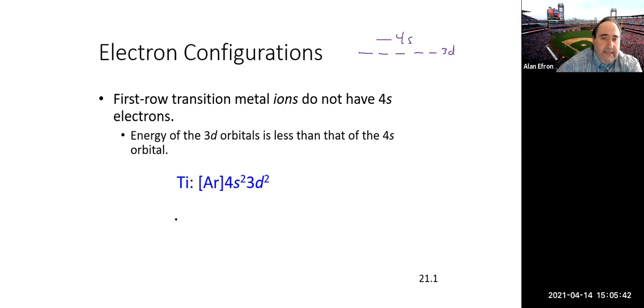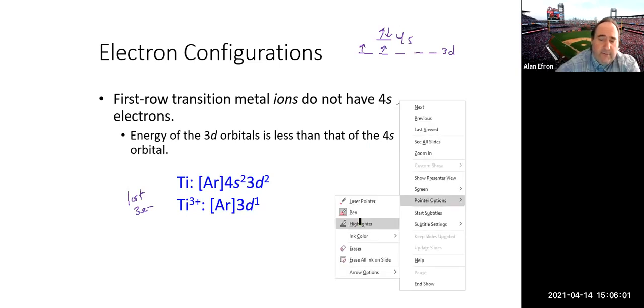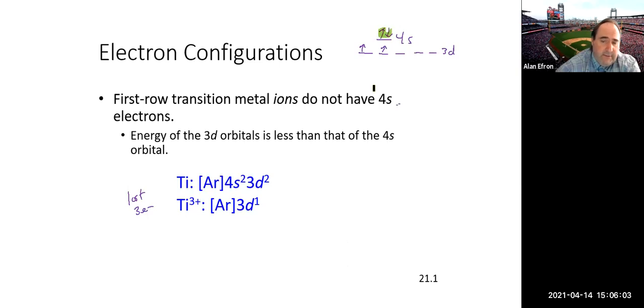So when something like Ti becomes Ti3+, the first thing that happens is it lost 3 electrons, and the electrons taken out first are those two 4s electrons. So those are 2 electrons gone. It needs to lose 1 more, so it takes out 1 more, and that leaves just 1 3d electron left in the electron configuration.